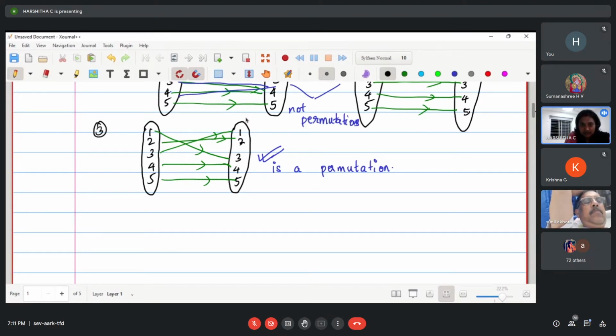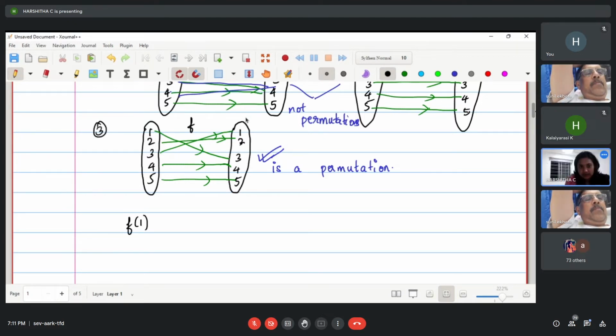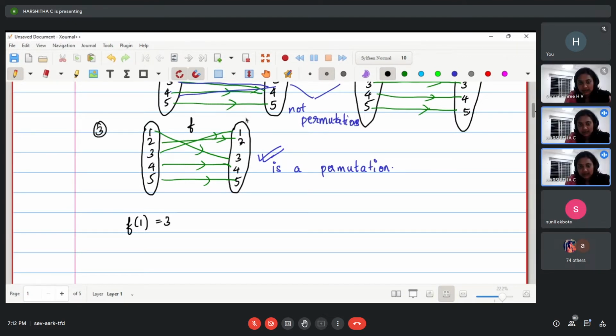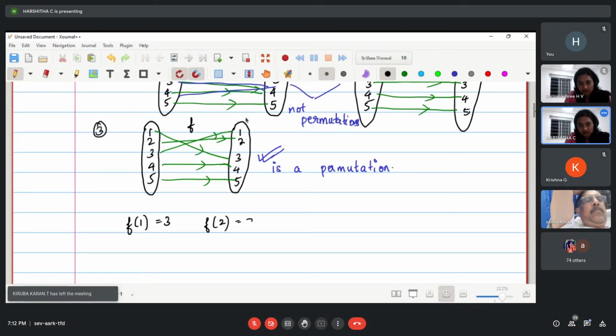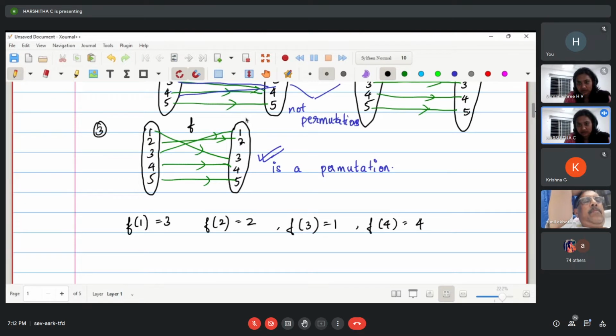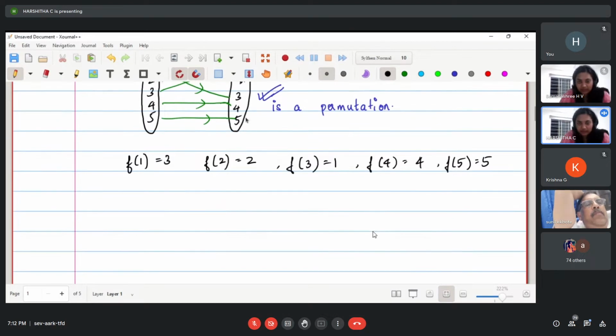So if we call this f, F of 1 is 3, f of 2 is 2, f of 3 is 1, f of 4 is 4, f of 5 is 5. So this is the function that we are looking at. So this is a bijection, hence a permutation.